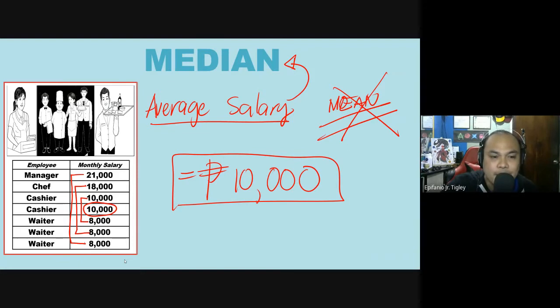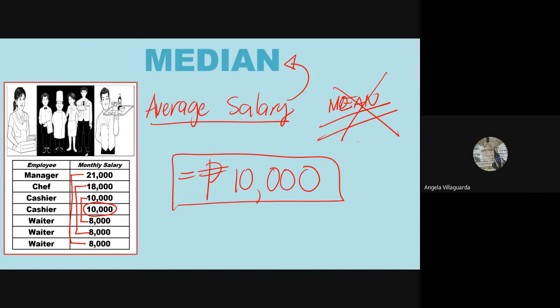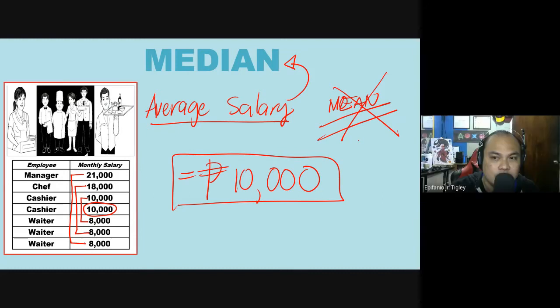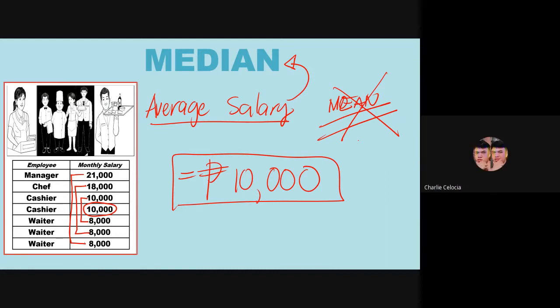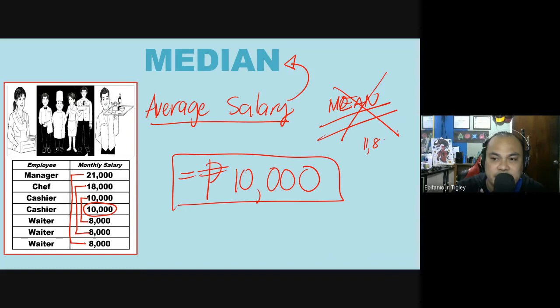21,000 plus... 83,000 divided by 7. 76,142.85. Divided by 7. Yes, sir. 11,857.40. 11,857.